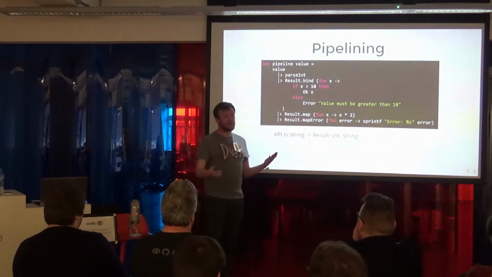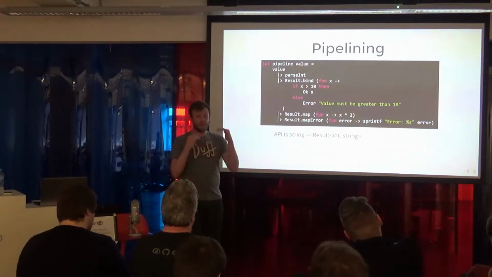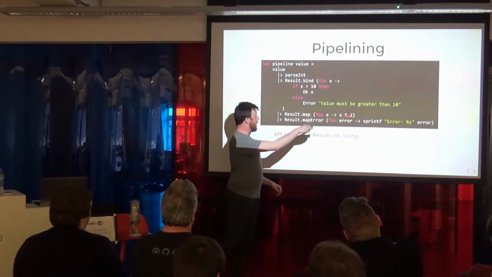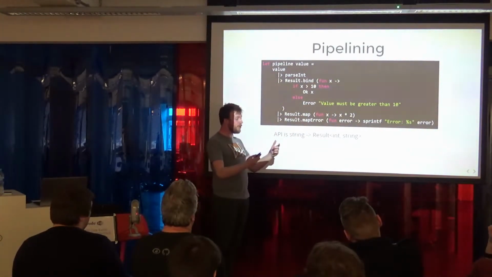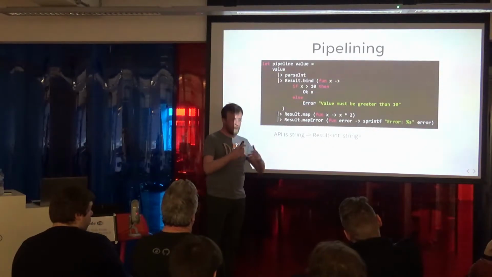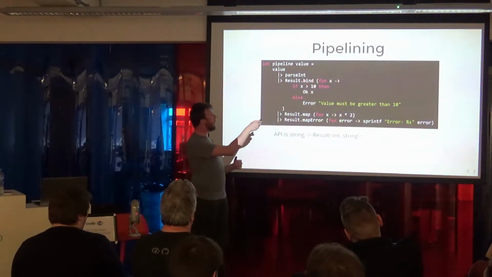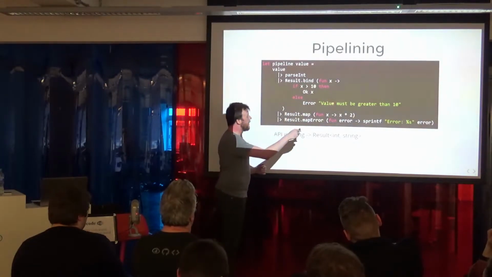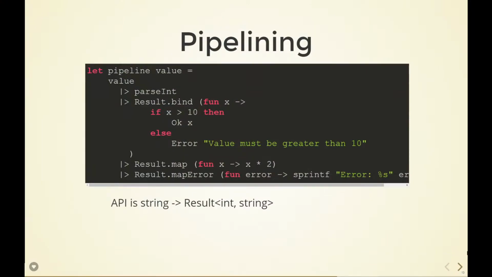And as I said, bind is a way of inserting points of failure inside of your application. So it's very explicit. Map is something where nothing can go wrong. Exceptions can still happen in F#, but they should be exceptional. They should not be something that you write into your common application. And bind is something where you say, it can fail here, so I have to explicitly create the values.